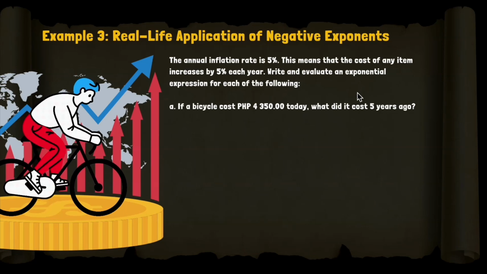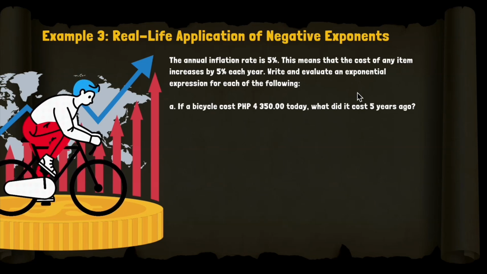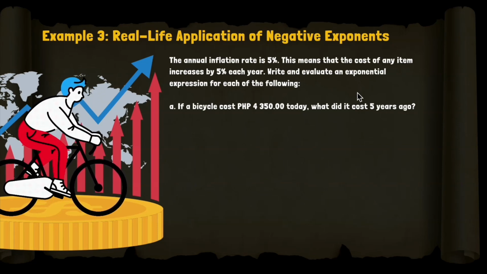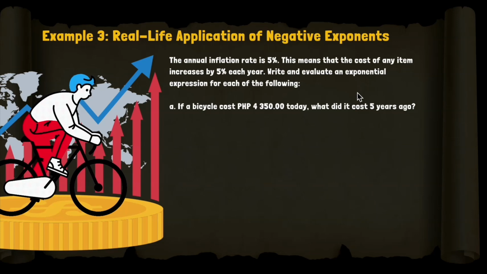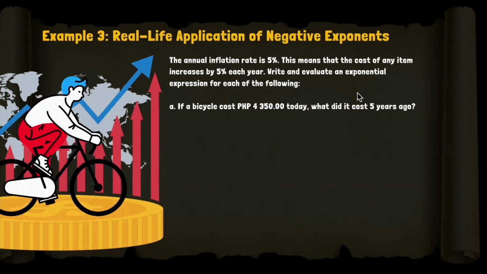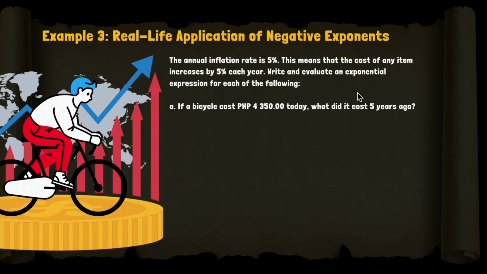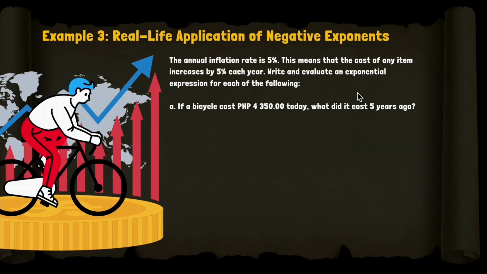You know what? Inflation rate? I know tinuturo ito ng teacher ninyo sa AP, but this is very important na malaman ninyo. Of course, applicable sa lahat, hindi lang sa atin sa Philippines, sa buong mundo, na may mga presyo tayo na mura noon, na napansin natin na medyo nagmamahal na ngayon. Okay? So, ano ba yung mga nagmamahal ngayon?